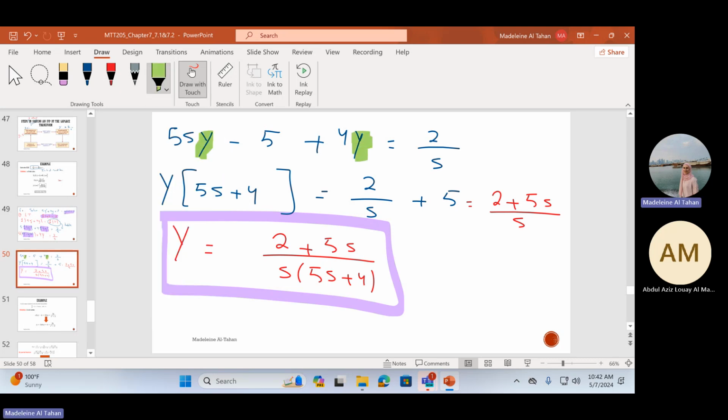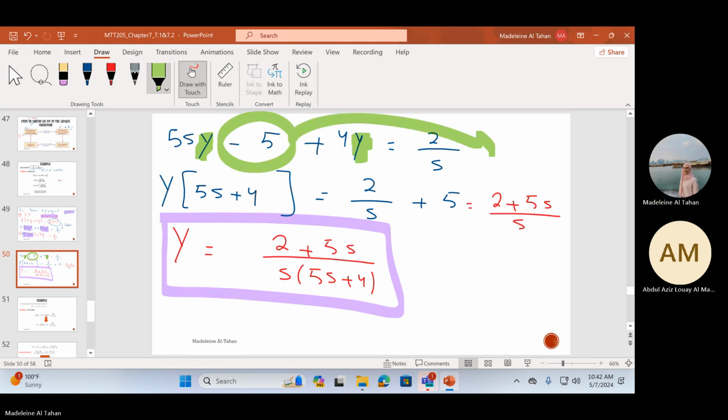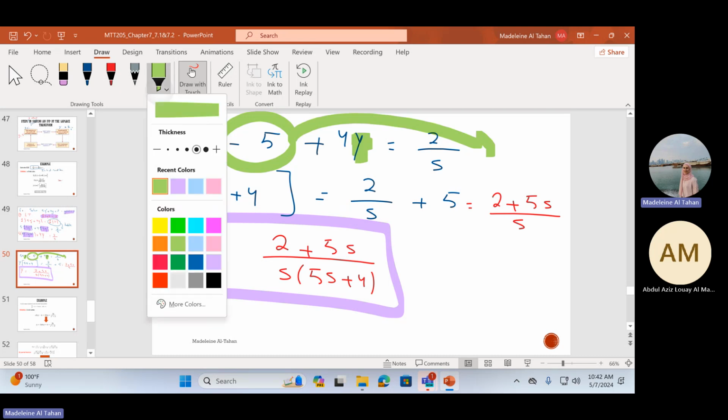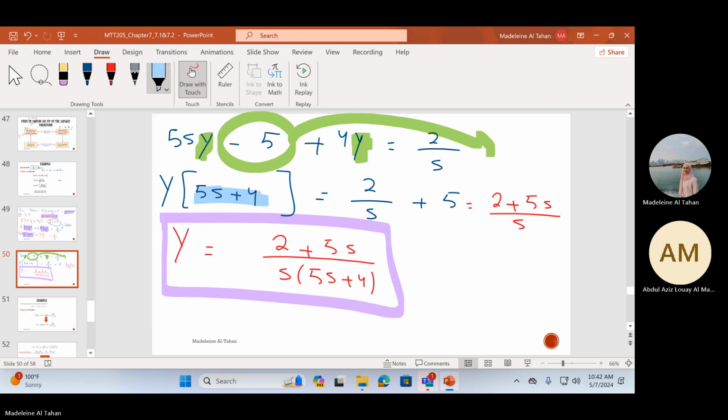We are left with 5s plus 4, and bring this 5 to the other side. We can simplify it, write it as one fraction. And then this one that is here, we need to bring it to the other side. We will get capital Y equal to (2 + 5s) over s times (5s + 4).